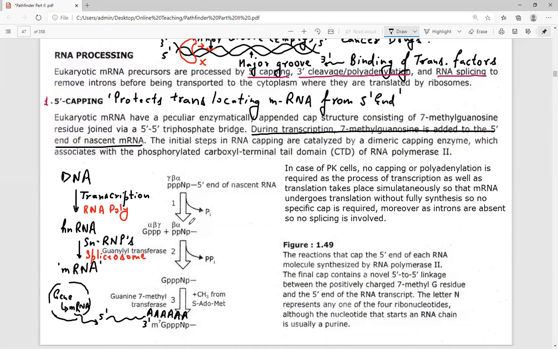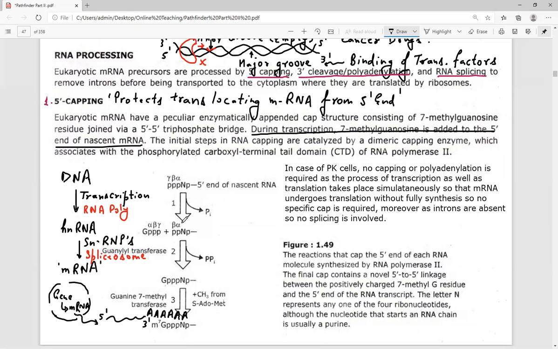So here you can find the nascent end of the mRNA molecule that contains a nucleotide triphosphate. To this nucleotide triphosphate, a guanine residue is added. While the guanine residue is being added, there is a release of a pyrophosphate molecule. Which pyrophosphate will be released?